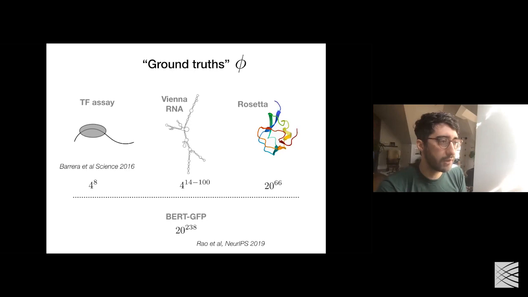There are two others, and the reason we've picked these two, as I said earlier in the talk, is that the rules are consistent across the whole domain, and it's not very good in one place and very bad in another. Obviously, those pockets can exist, but as a general rule, you don't expect them to behave that way. We have Vienna RNA and Rosetta and a bunch of design challenges in there.